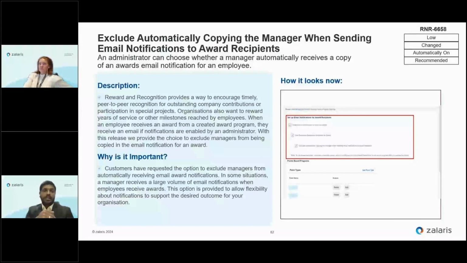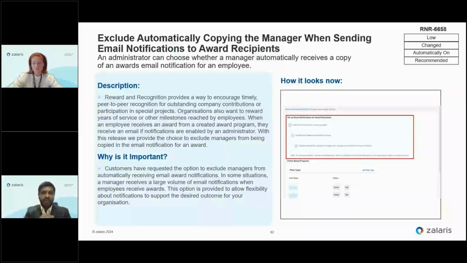This is related to rewards and recognition, and it came up from the customer community. Whenever you are giving an award, by default an email notification is triggered to the respective managers. Some customers raised that, for example, if you are giving awards to 100 employees, then 100 different notifications will be triggered to the manager, which becomes a challenge for managers.